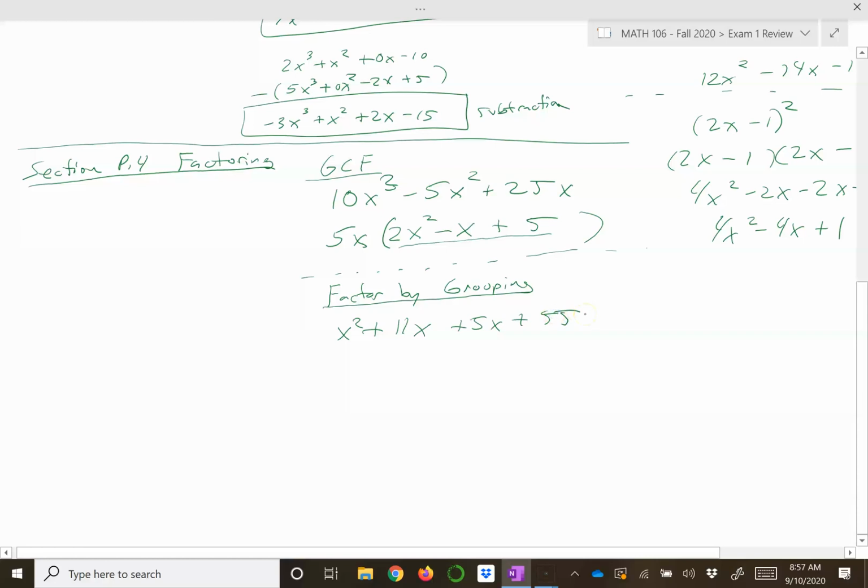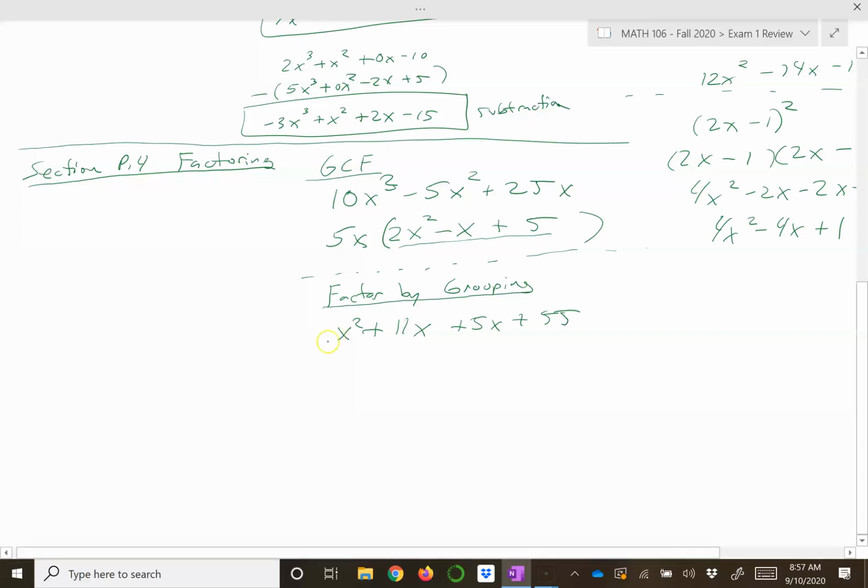Now, how do you know it's a factor by grouping problem? What's your clue? Four terms, right? You see four terms? Factor by grouping. All right, so you could try to rearrange it if you think it's easier. In this particular problem, I think it's fine how it is, right?